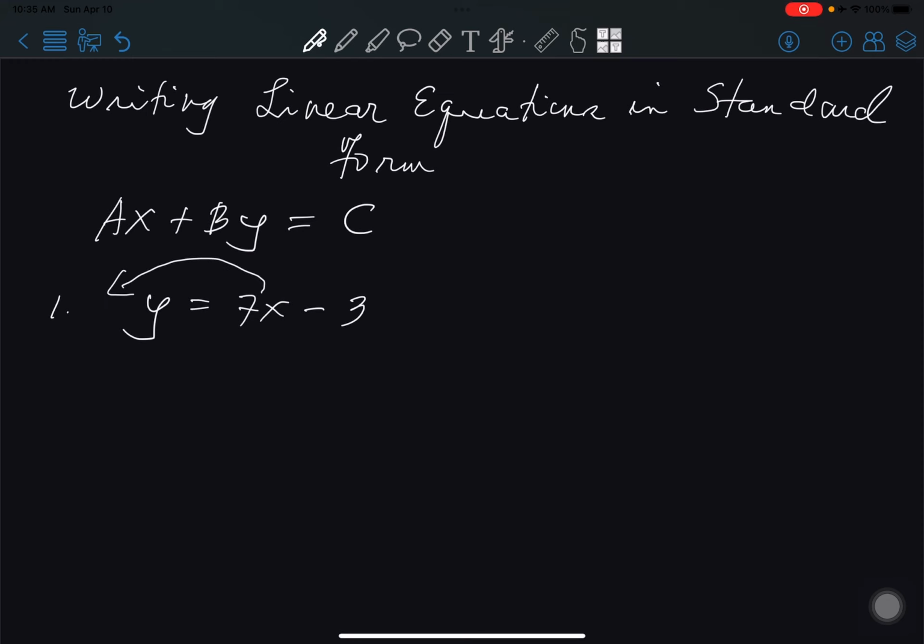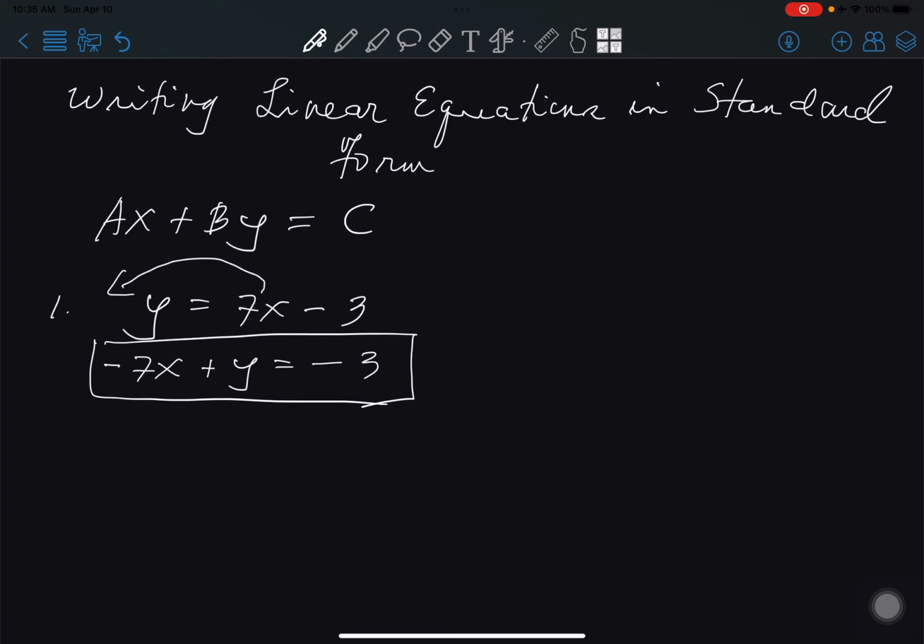So here, we will have 7x, this will become now negative 7x. Negative 7x plus y is equal to negative 3. So now, this is the standard form of our linear equation. Standard form. Okay? Very simple.